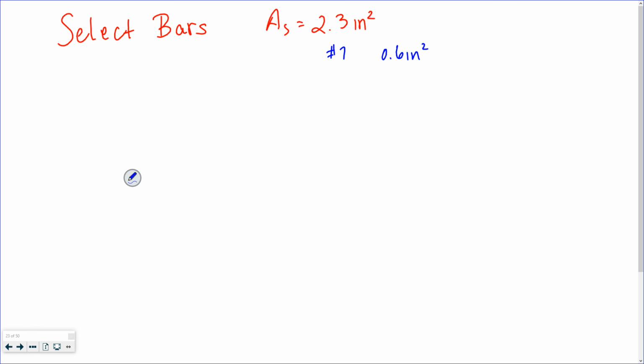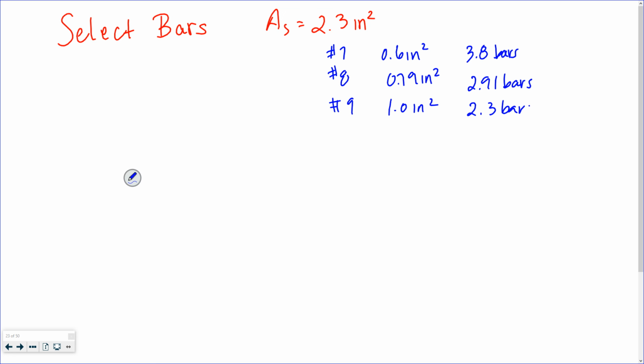Then I would need 2.3 divided by 0.6, 3.8 bars. If I use number 8s that are 0.79 inches squared, 2.9 bars. Number 9s that are 1 inch squared, 2.3 bars, right?